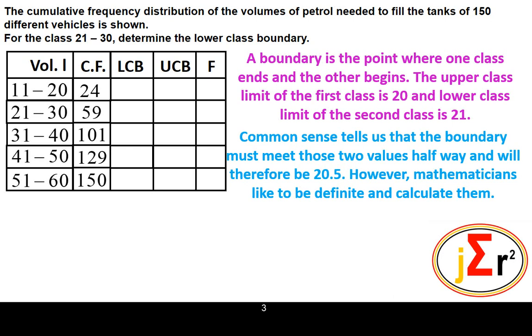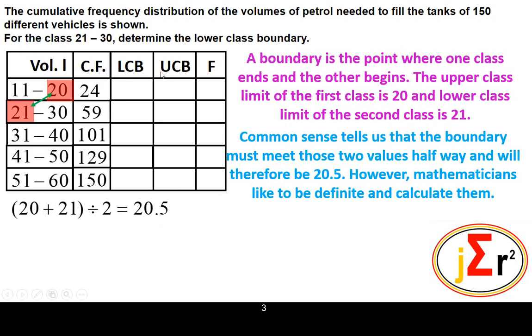Maybe someone would reason for one particular value as opposed to another, and those two reasonings would be logical. They would make perfect sense, but we still need to have a systematic way of arriving at those values. So we will show how those values may be systematically arrived at.